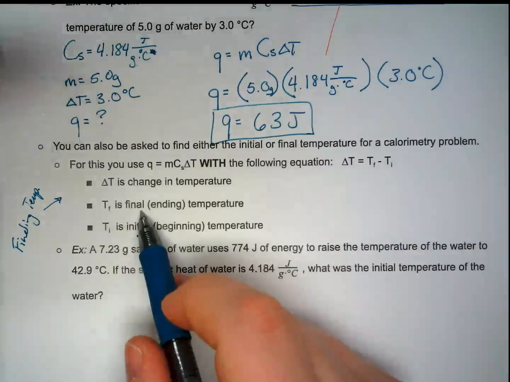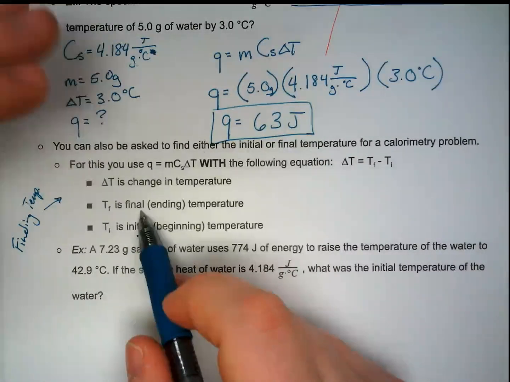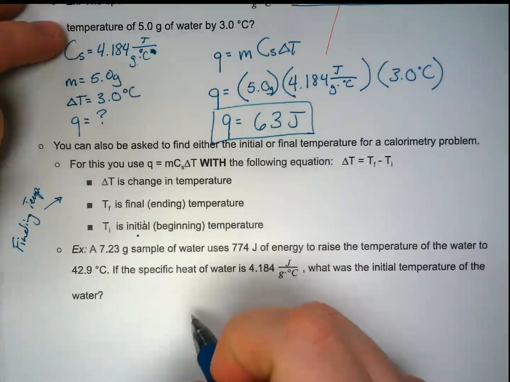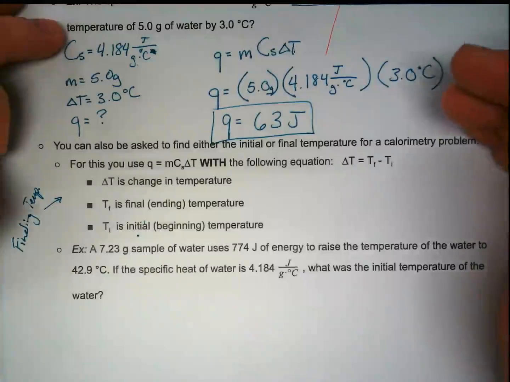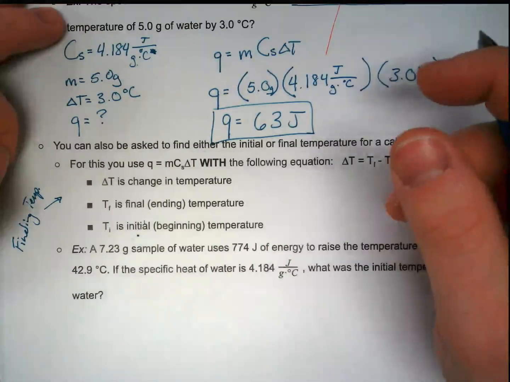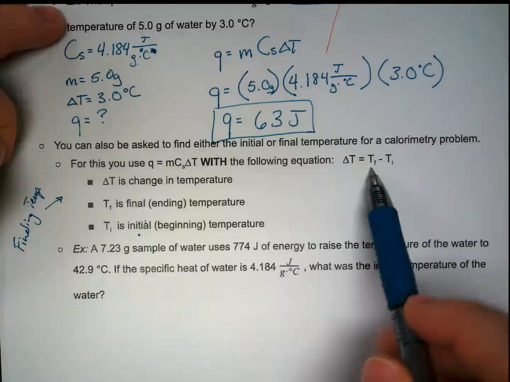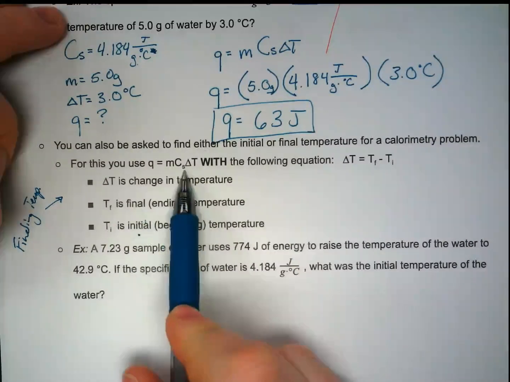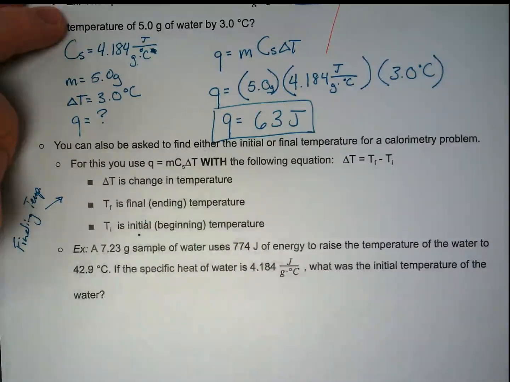What it changed to was our final temperature, the temperature we ended with, at least when we stopped measuring at the end of our measurement. The change in temperature is nothing but the final temperature minus the initial temperature. So we use this equation in order to find either the final temperature or the initial temperature.